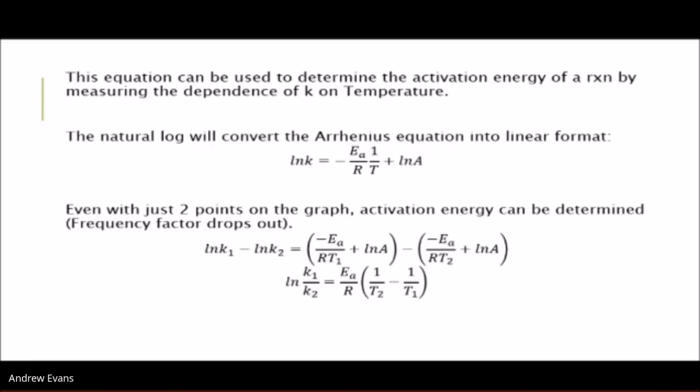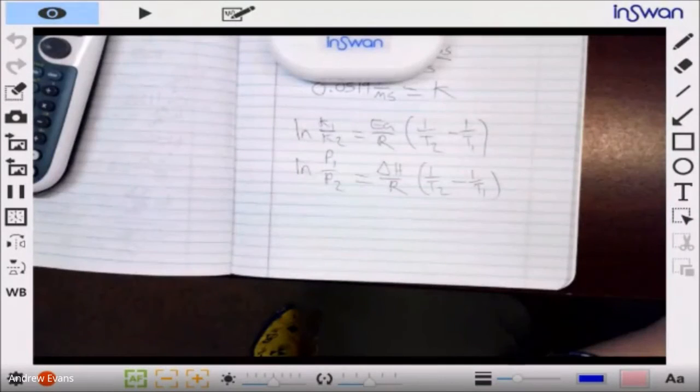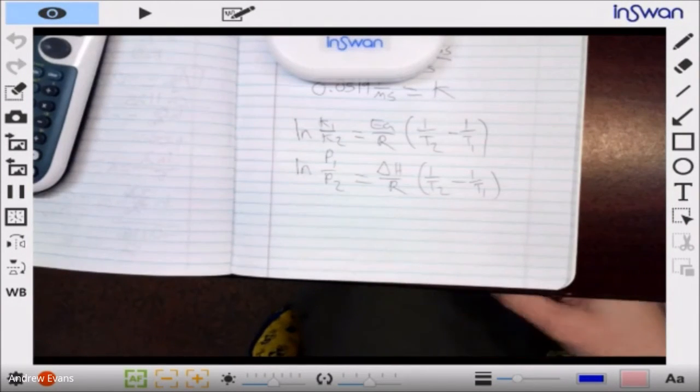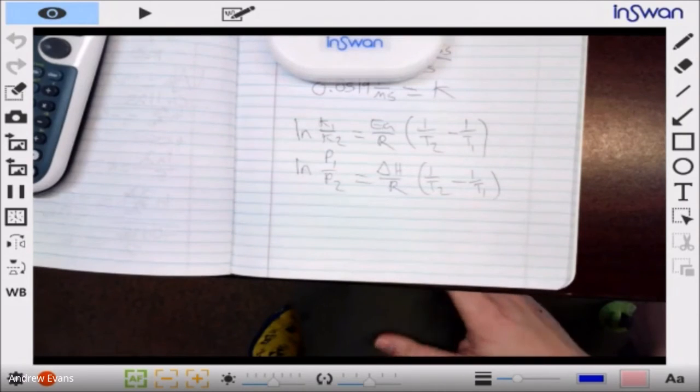This should look very similar to what we had previously: ln P1 over P2 equals delta H over R, times 1 over T2 minus 1 over T1. We used this equation a chapter or two ago, looking at vapor pressure. How did vapor pressure relate to temperature? Well, we're seeing this again.